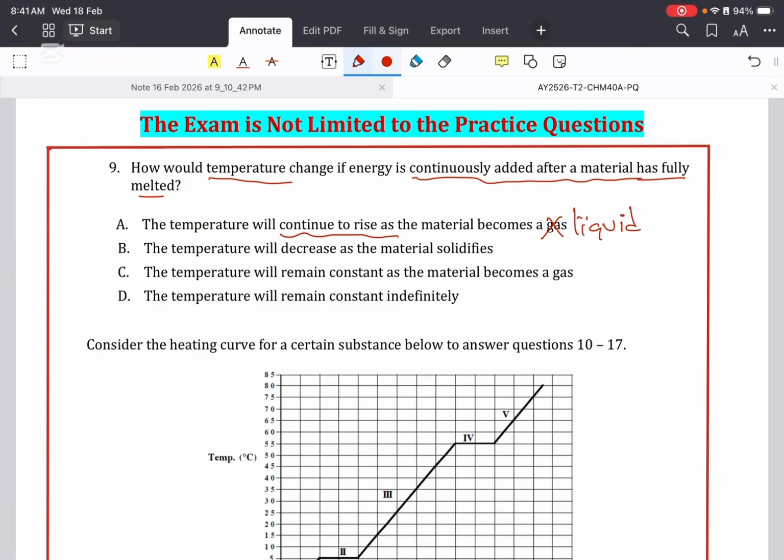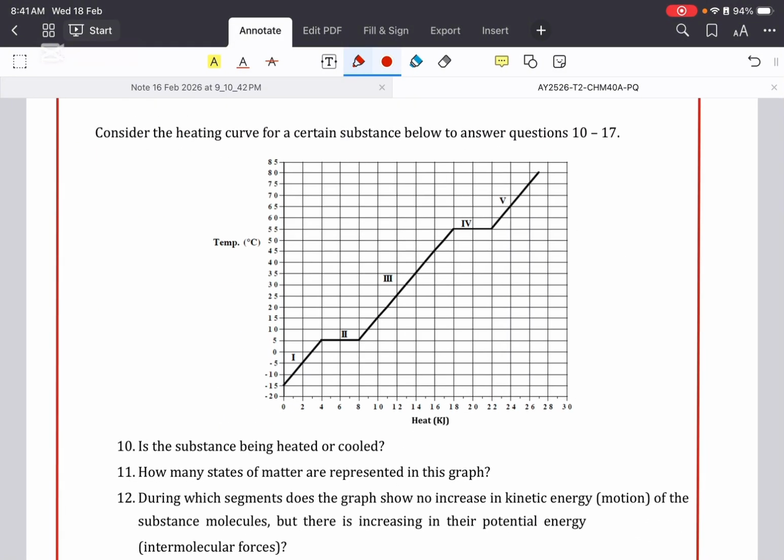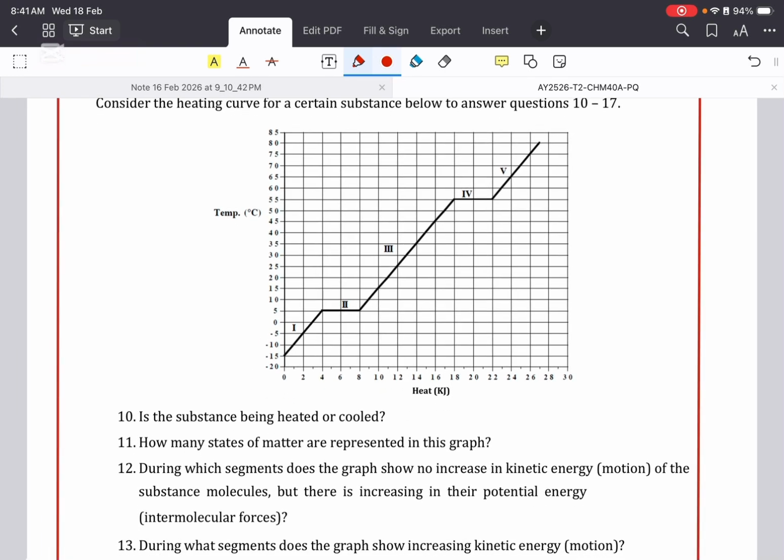I think there's a typing mistake here. So it's going to increase again. Consider the heating curve for a certain substance below to answer questions 10 to 7.